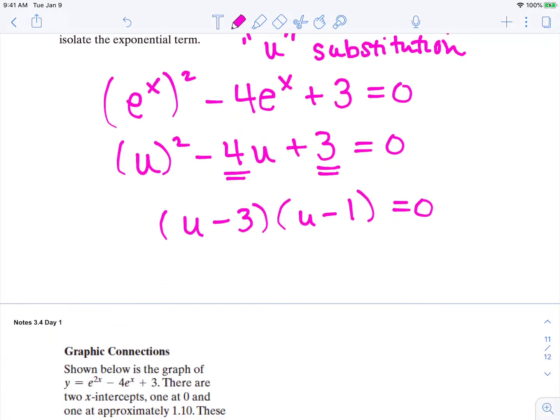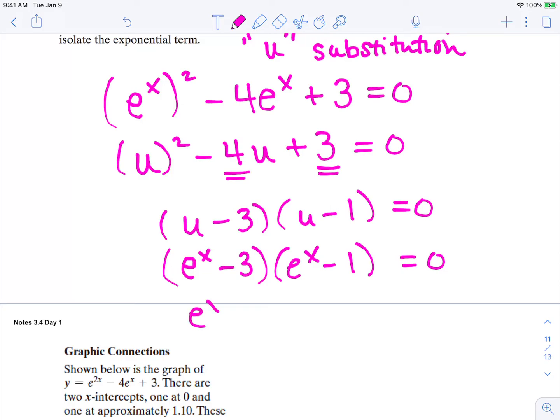So what we're going to do now is we're going to replace the u with what it represents, e to the x. So we factored this quadratic exponential. Now we're going to use our zero product property, and we're going to set each factor equal to 0. So I have e to the x minus 3 equaling 0, and e to the x minus 1 equaling 0.